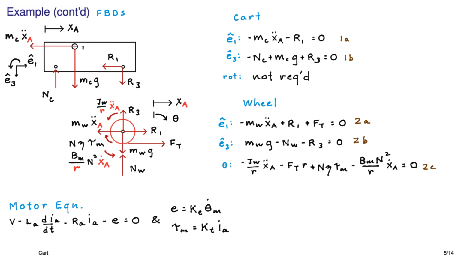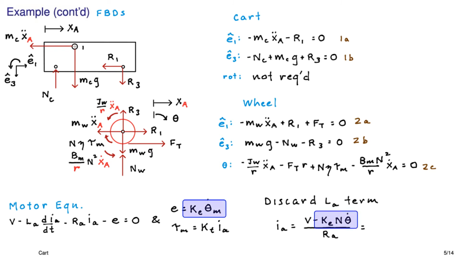Now keep in mind that theta m is the theta of the motor behind the gearbox, so it's how fast the armature is spinning. Now if we chuck that LA term, we can rearrange this a little bit, where I've now introduced the gear ratio, and that's why you can see the term KE n theta dot.